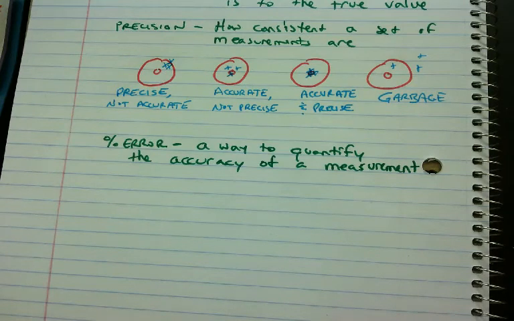When I say quantify, all I mean by that is to turn it into a number. I want a number that says how accurate it was. So if you have a perfectly accurate measurement, you would say it had 0% error.